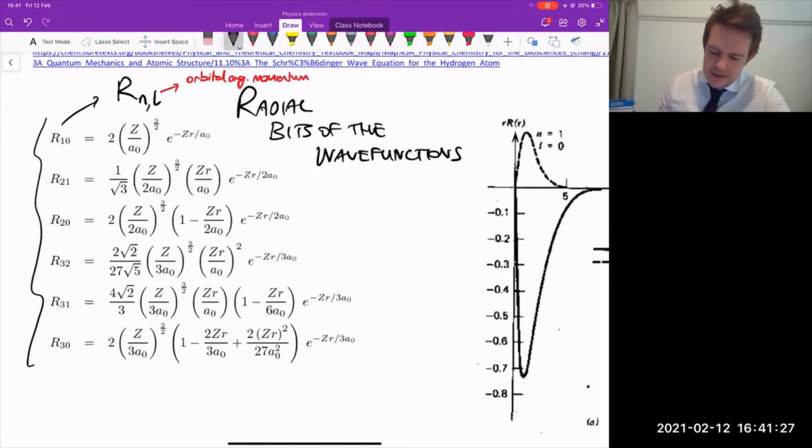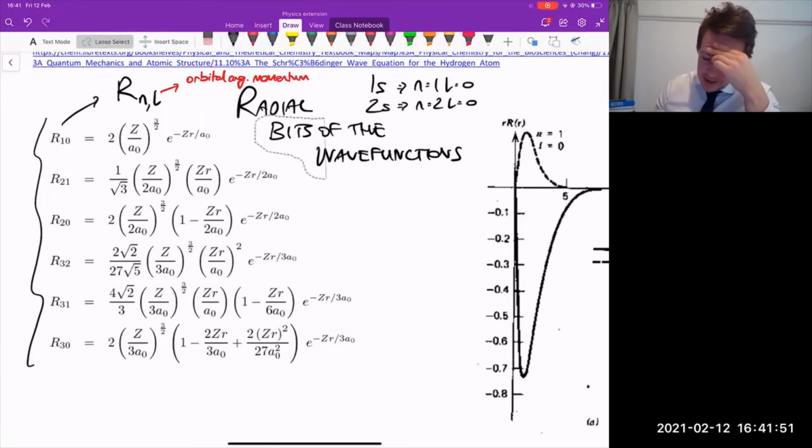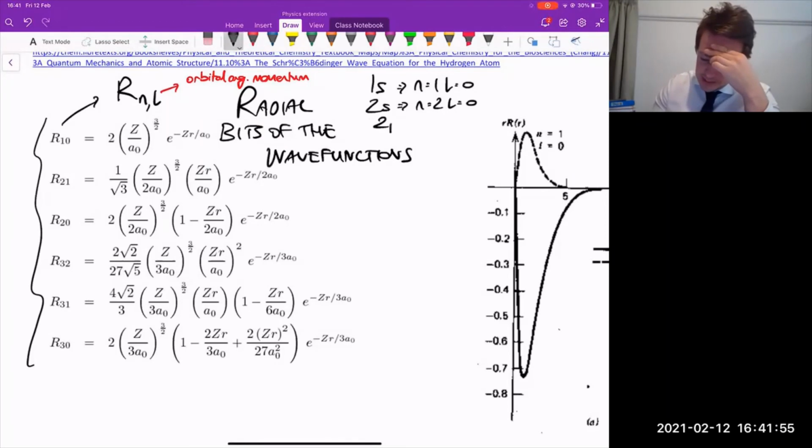So that's where you get, for those of you who do chemistry, n equals 1, L equals 0 is 1s. N equals 2, L equals 0 is 2s. And you can guess perhaps what 2p is.